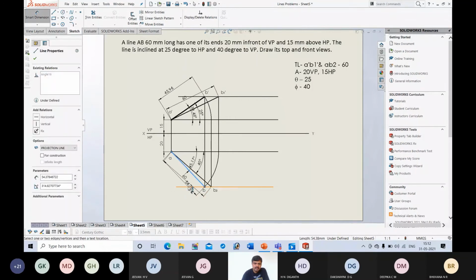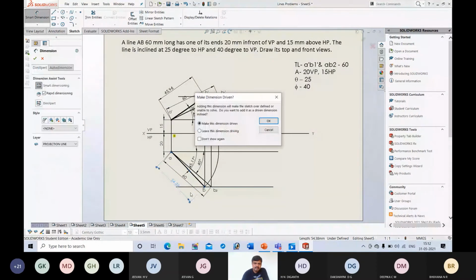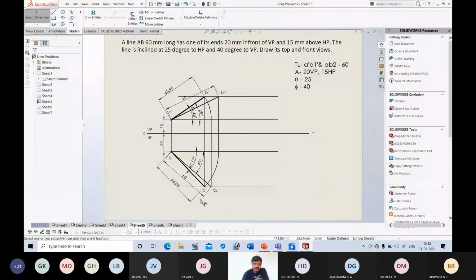Again this is 50. This 54.38 is the top view length. Now you can see that if you draw an arc till the locus of A, the length between this point and this point will be equal to 54.38 only, because the radius of this arc will be 54.38.